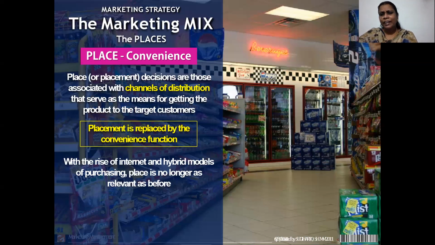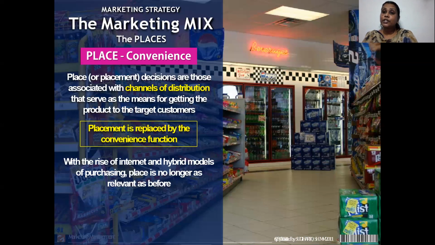So this is all about convenience. So what is convenience? The product has to reach the customer. When I have a need and I come to you and ask for a product, then you have to give me the product. If you say it is out of stock, then it is not likely for that customer to come to you again for a second purchase.